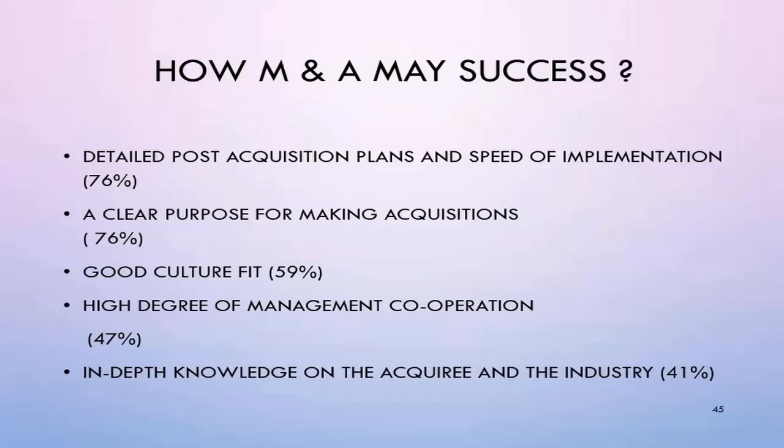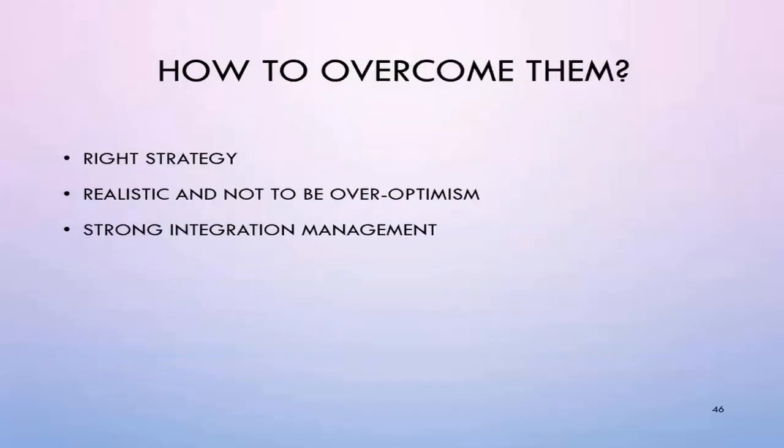This is exactly the cooperation between two managements. In-depth knowledge of the acquiree and the industry. Get to know the details of the partner very well, and understand the person, understand the industry, management, and the business before going for this merger and acquisition. If you do that, they say they can overcome this situation.